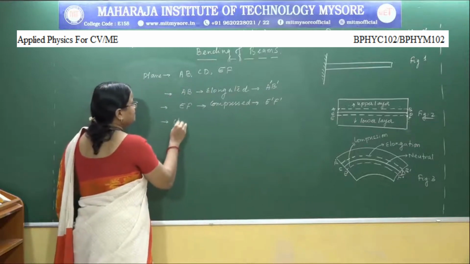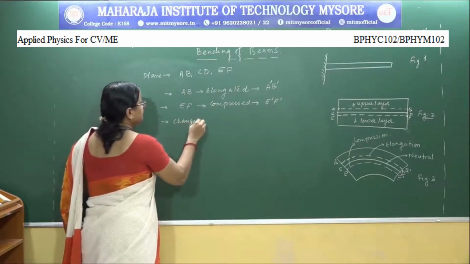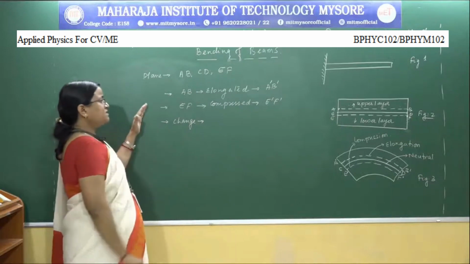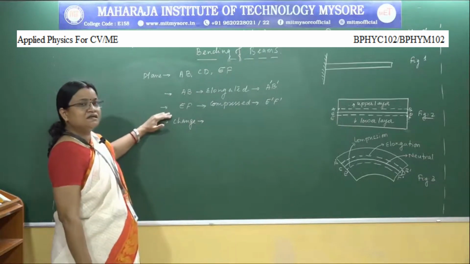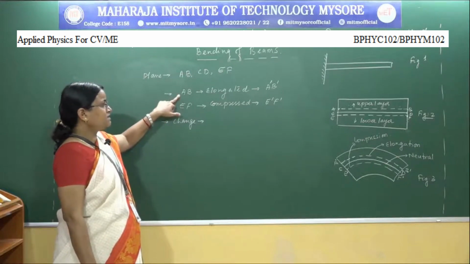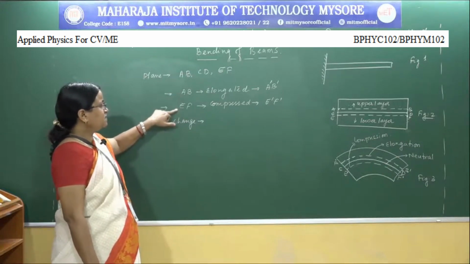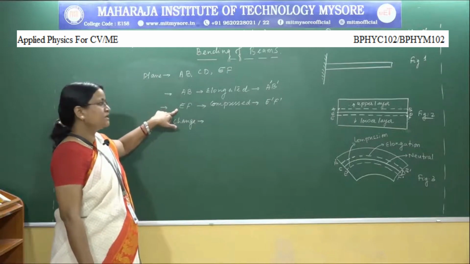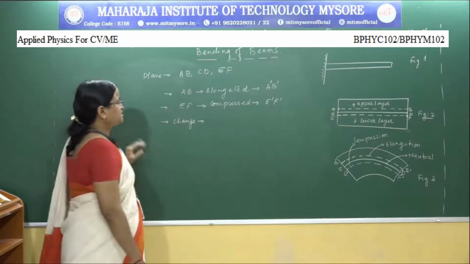So in the upper layer there is elongation, in the lower layer there is compression. The filament AB gets elongated to A dash B dash and the filament EF gets compressed to E dash F dash.